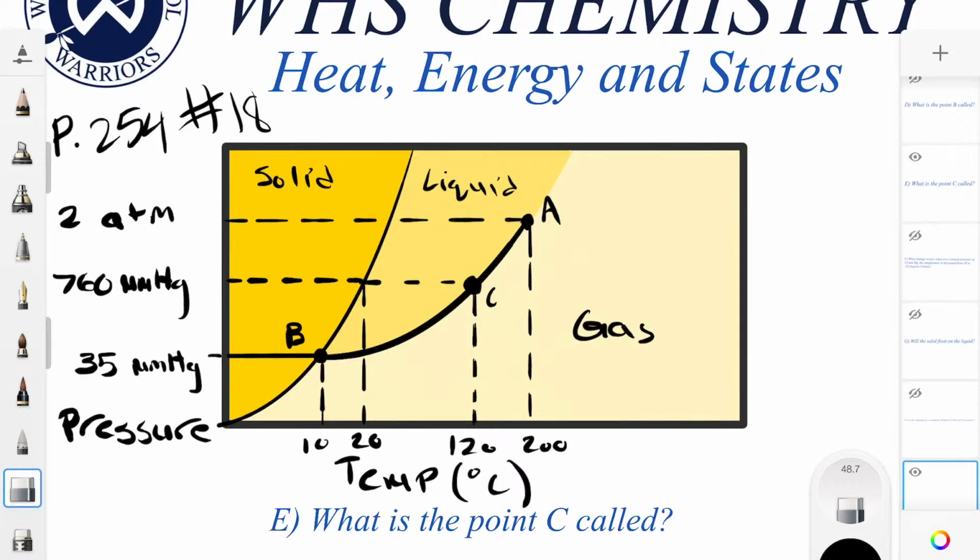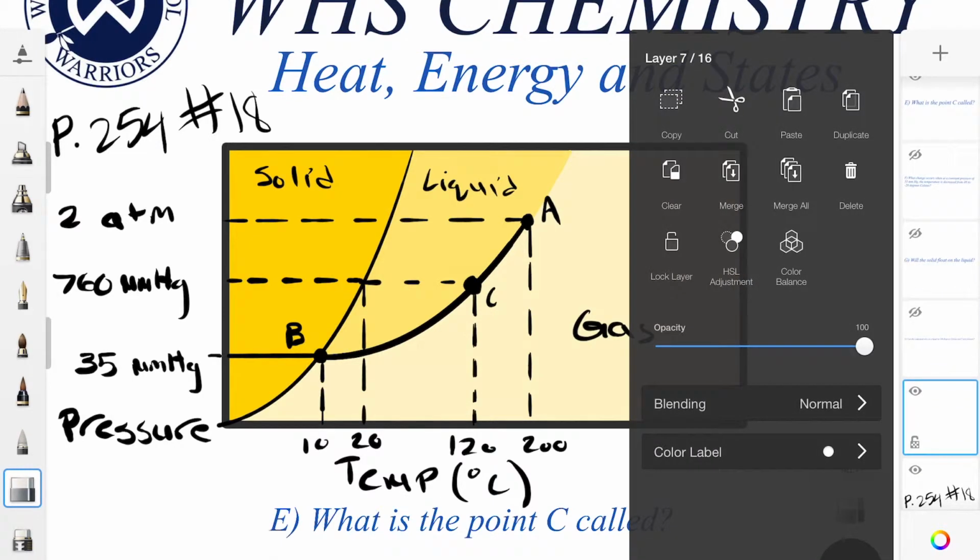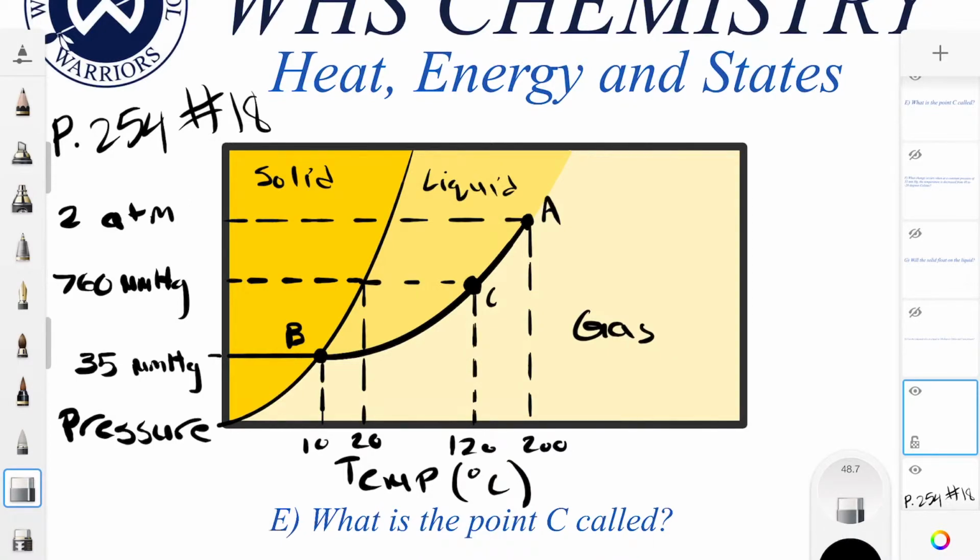Now we can also observe that on this diagram point C lies on the boundary between the liquid and the gas phases. So because we know that this is at standard pressure and that this boundary is a phase change, we know that this is called the normal boiling point. So here, write that in, normal boiling point.